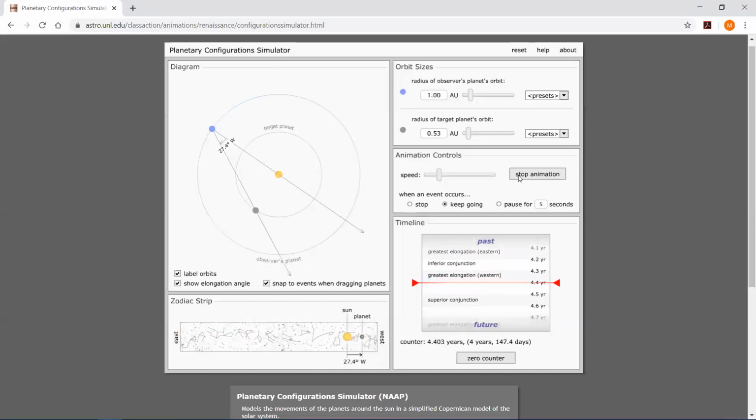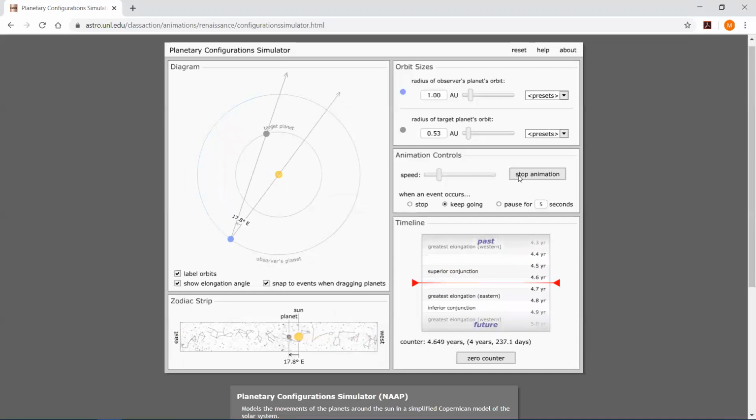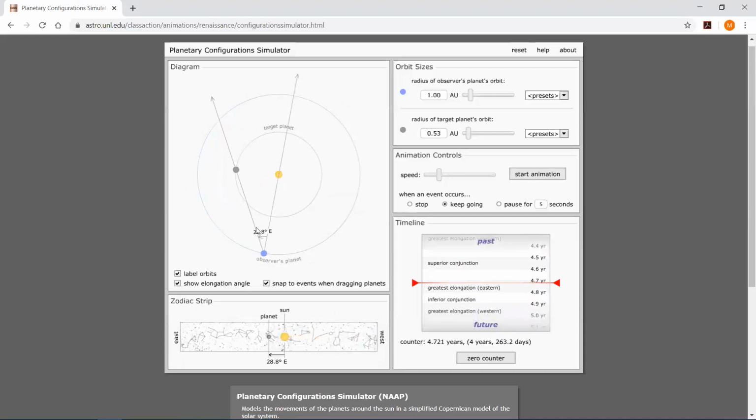So the elongation goes through a range of values, but you'll notice that it never opens up to 90. Let me pause it right here. Can you sense that this angle is never going to be 90? It can't be, because this planet is closer to the sun. That's really why. With an inferior orbit, that elongation will never open up past a certain maximum.